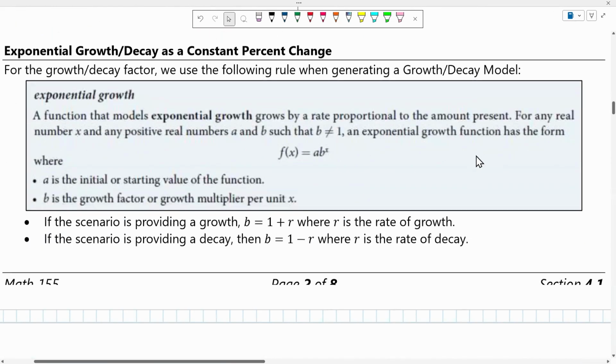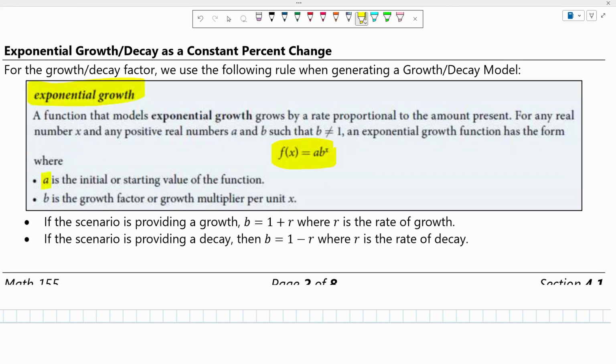Exponential growth and decay as a constant percent change. This should look familiar. This is the form of any exponential function. When something is growing exponentially, there are a couple of bits of terminology that we need to pick up.